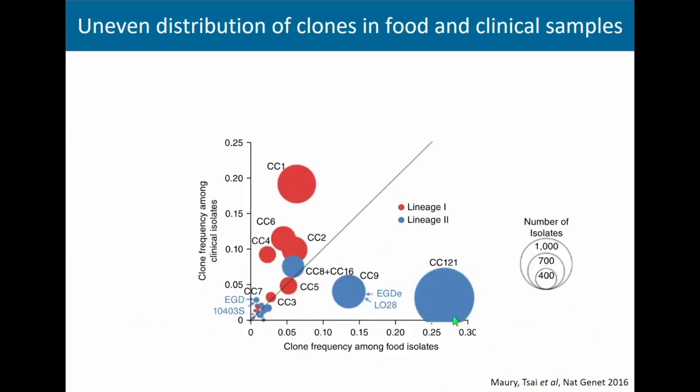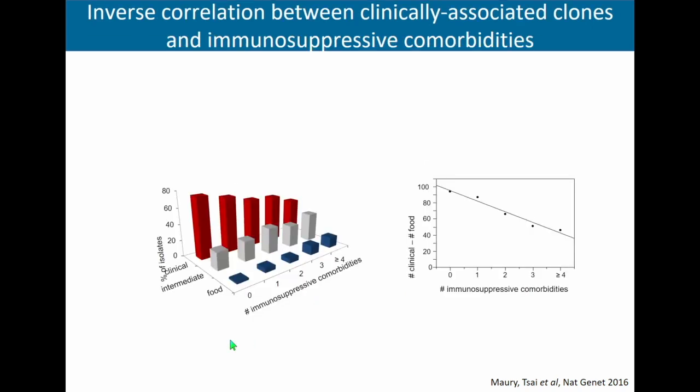Another way of showing this is to see these 2 clones here in blue, which are from lineage 1, which are strongly associated with the food origin, but are rarely identified in the clinics, and other clones like CC1, 2, 6, and 4 here, which are strongly associated with the clinical origin, but not so prevalent in the food.